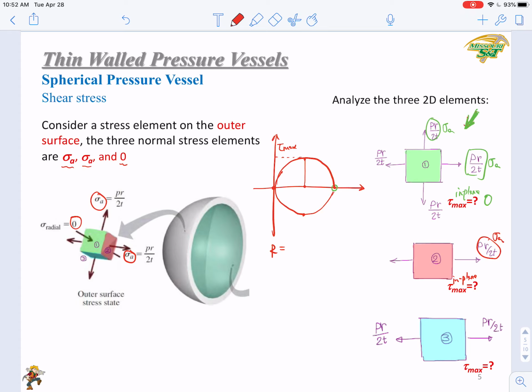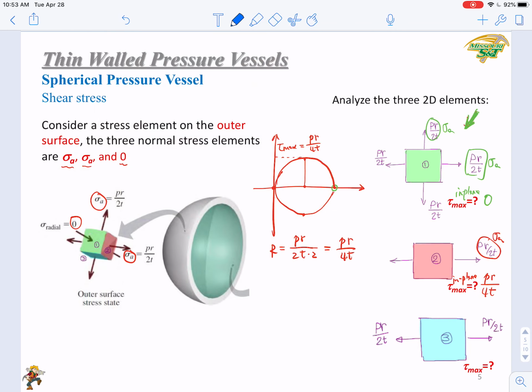That is PR over 2t, over 2, so that will be PR over 4t. This is the in-plane maximum shear stress in case 2.